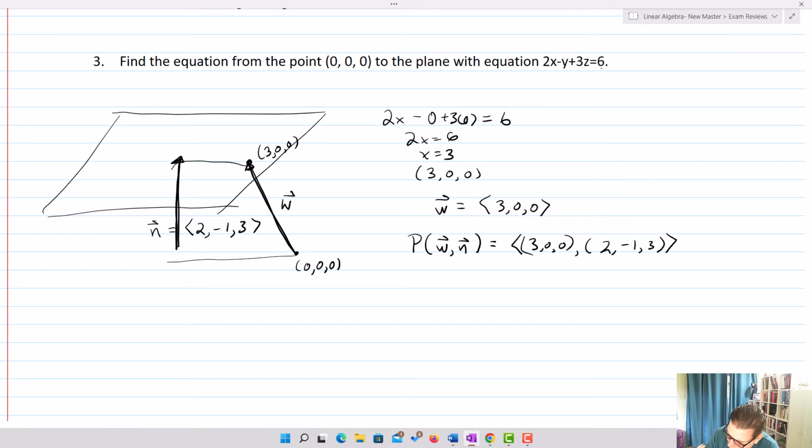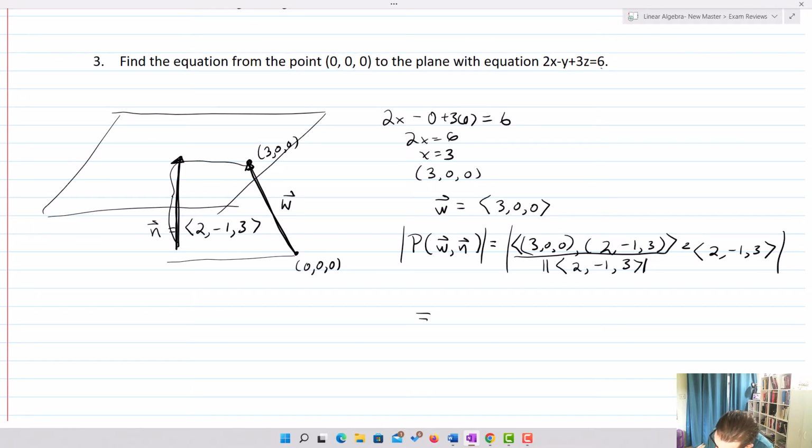Since we're projecting onto N, we divide by the magnitude of N squared, and then multiply that by N, so 2, negative 1, 3, because that's the direction. Then, because we want to know that distance, we take the magnitude.